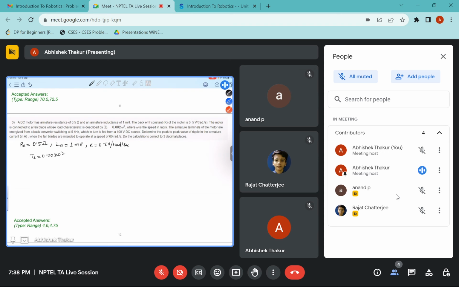The buck converter is switching at 5 kilohertz, so the switching frequency F is given as 5 kilohertz. From here we can find TS. Also omega is given as 60 radian per second.